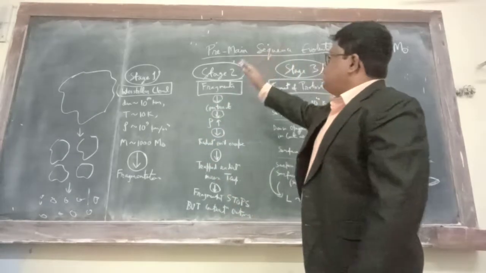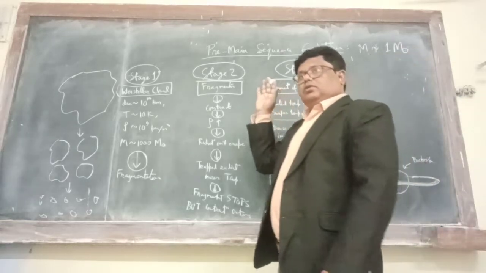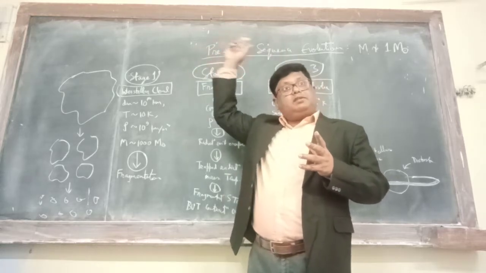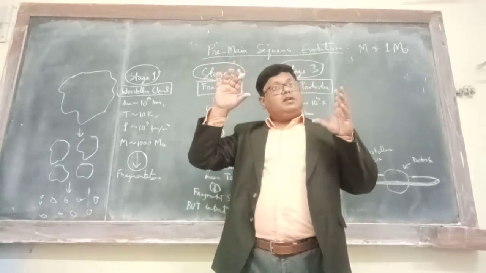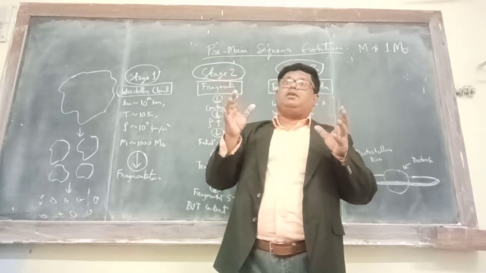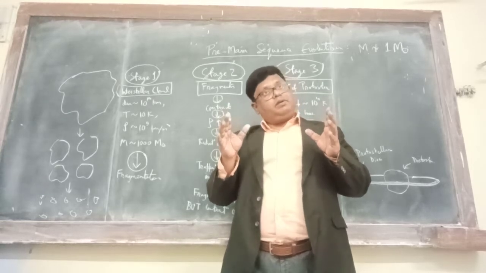So you can say that there are several stages of this evolution. The final stage of this pre-main sequence is the main sequence, the stage in the star's life where it spends most of the time of its life. In the HR diagram, remember?